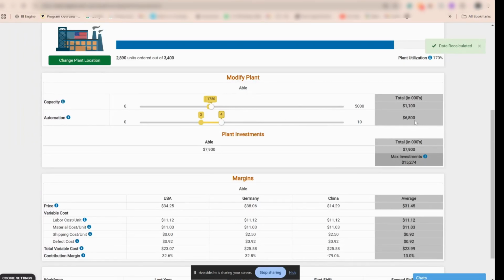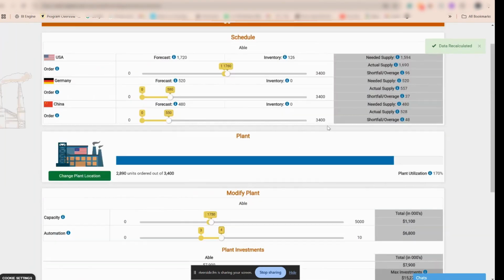So I'm just being conservative. Some strategy would be to be aggressive, but I'm being conservative. I'll see what they do in the first round to determine what I'll do in round two. So I'll probably go this way, instead of maxing out the amount I can spend for plant and capacity. This is what I would do.